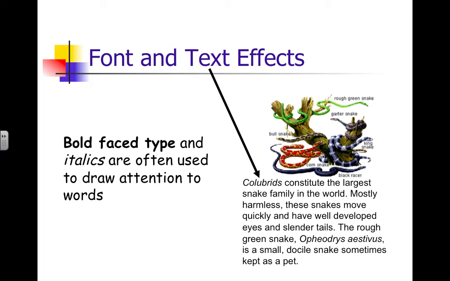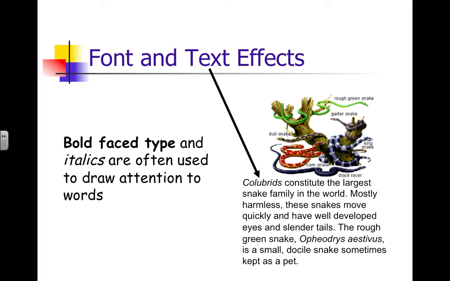Of course, font and text effects are features that can really bring your eye to certain important words that are to be highlighted. Kids need to learn that bold print and italics are often used to draw attention to a word. Sometimes it's a main vocabulary word, and sometimes it's just a word that needs to be emphasized.